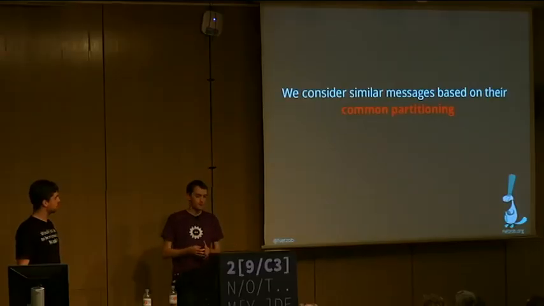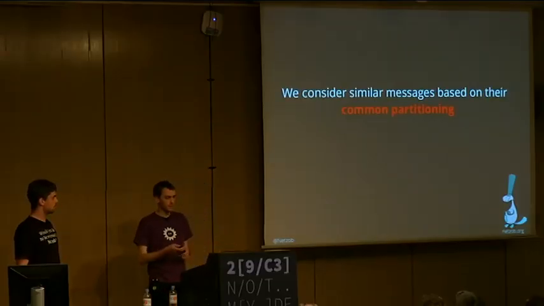The goal is to decontextualize those specific values to have an abstract value of this information. To do that, the idea is to regroup messages by similarity and then analyze those similar groups to find contextual variation, contextual values. In order to regroup messages by similarity, we rely in NetZob on their common partitioning. I will explain it now.